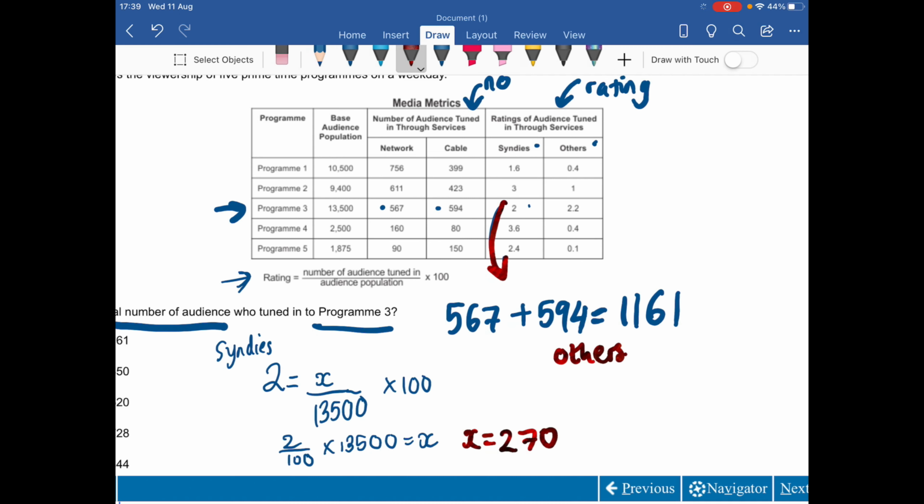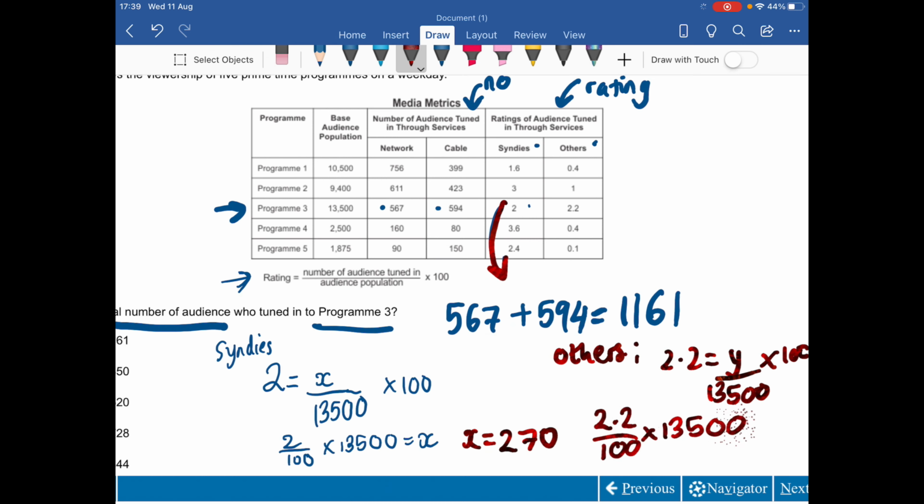So if you ignore that, then you do the same thing for the others. You would put 2.2 here, and then you would put the same population because it's the same row, and then for Y, your value would be 297.